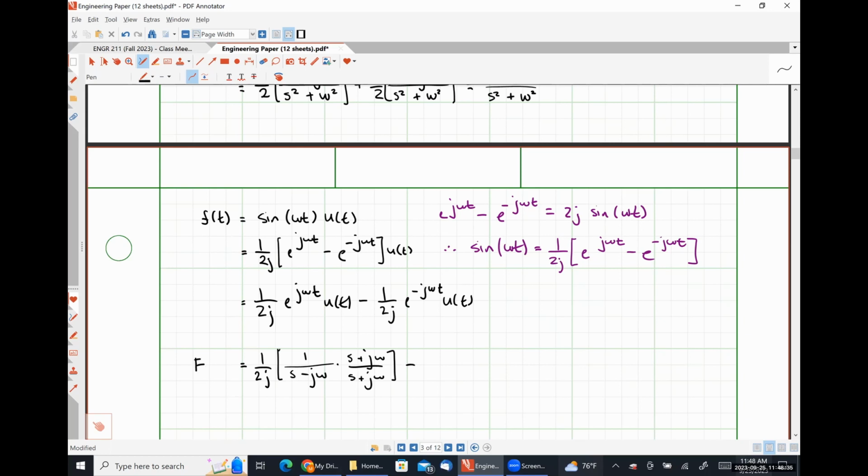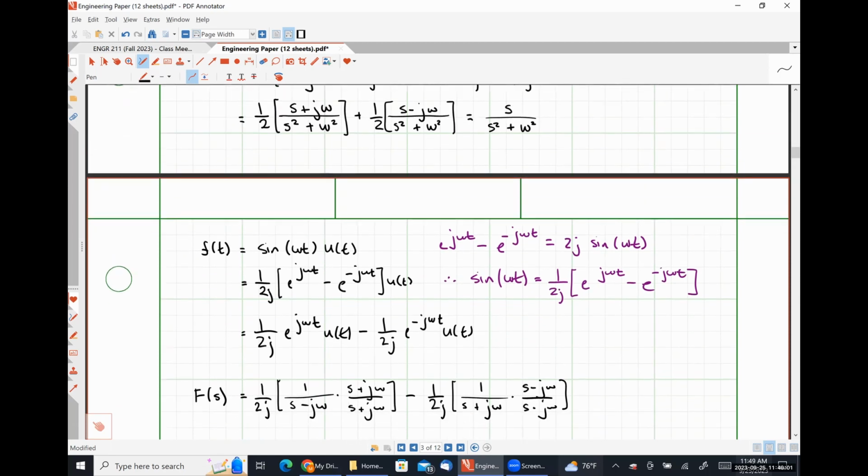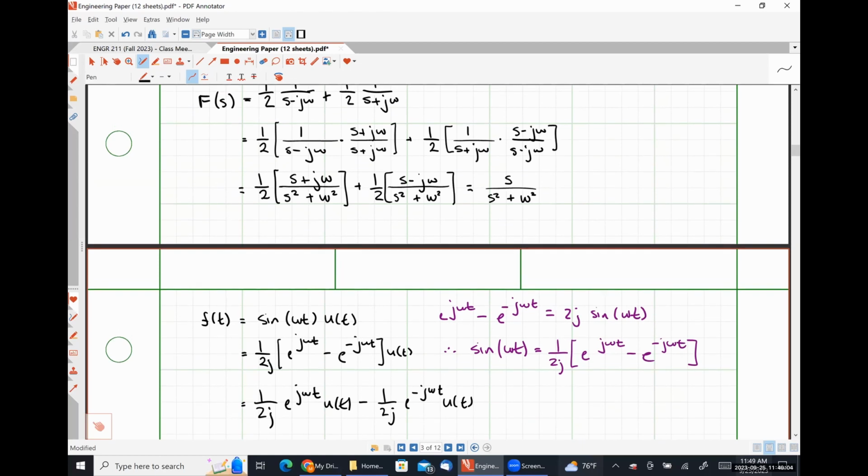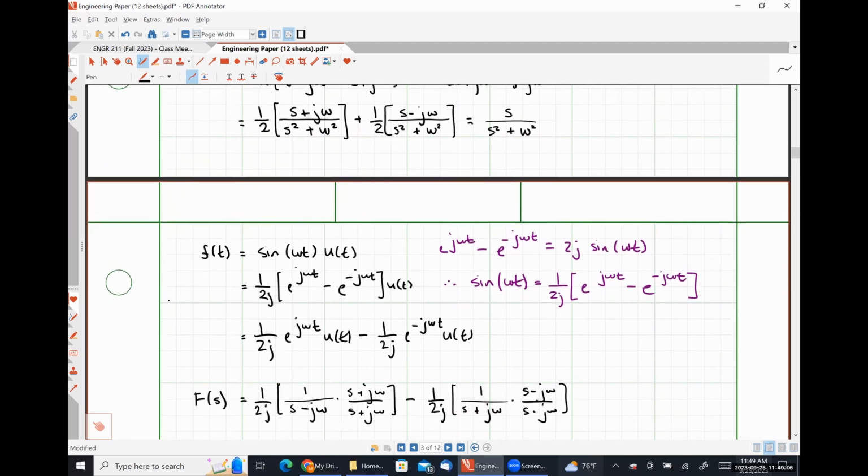Sorry, F of s. Then we're going to have minus 1 over 2j, 1 over s plus j omega times s minus j omega over s minus j omega. Like so. Have I screwed anything up? I hear whispering. Anybody see anything wonky here?